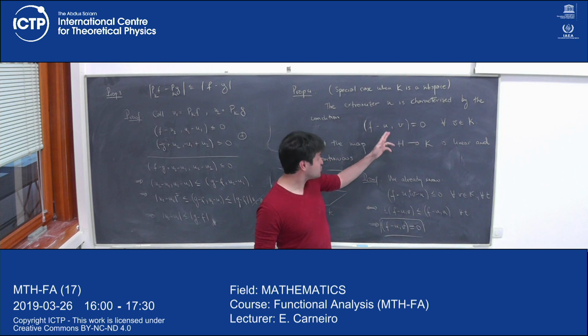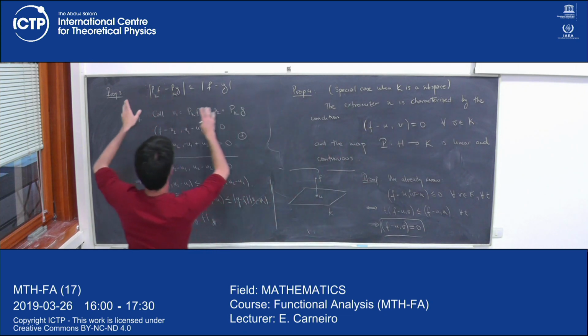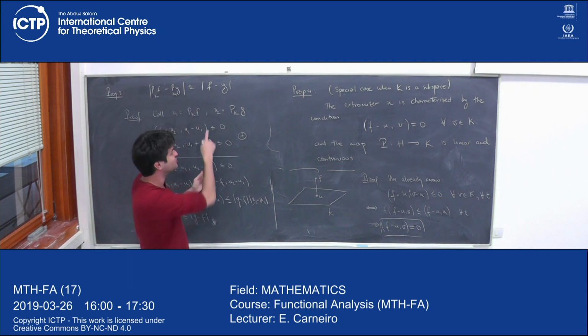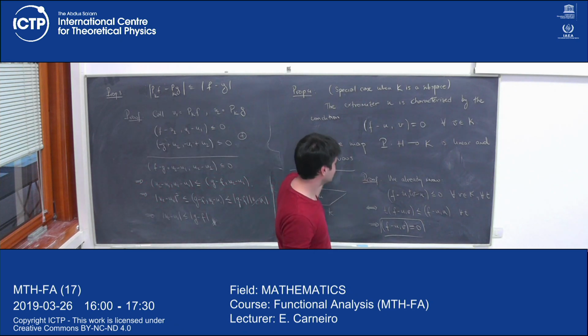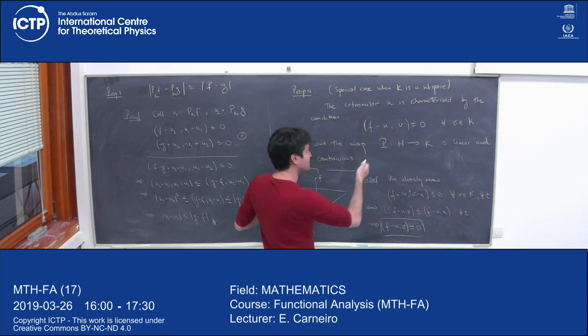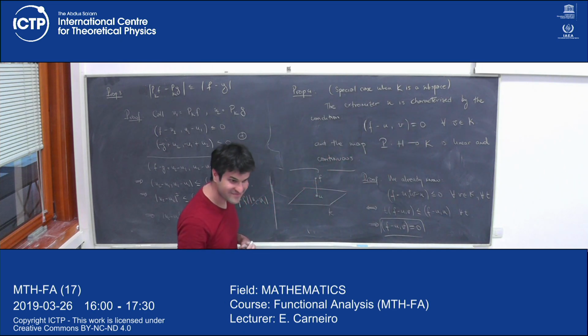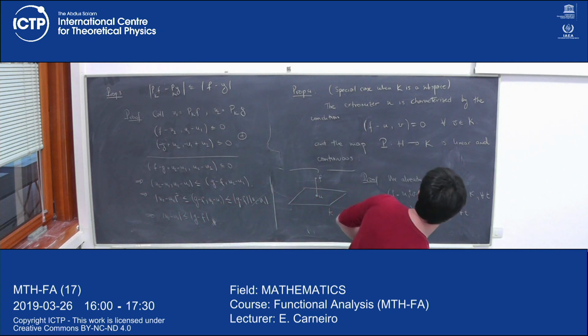Now, this condition, (F minus U, V) for any vector V in K, obviously implies the condition we had before, (F minus U, V minus U), because if V is in K, V minus U is in K as well. And if this is 0, it's obviously less than or equal to 0. So the condition before implies this one, and this one is actually stronger than the one before. Not only does it have to be less than or equal to 0, but it has to be equal to 0. Good? So in case you have a subspace, you have this very nice and stronger condition.